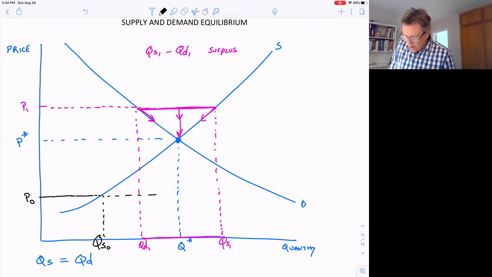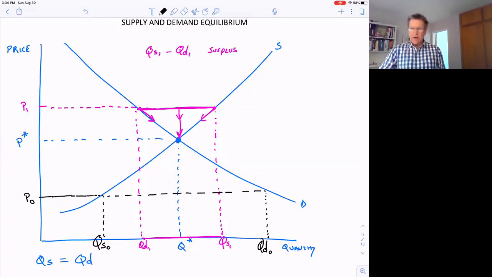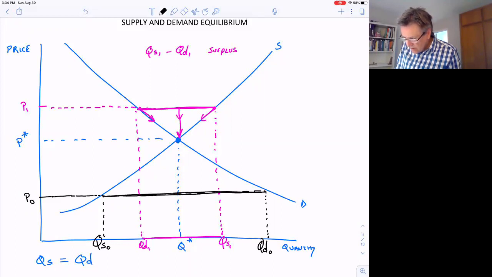We can go over here to the demand curve and see what the quantity is that people wish to buy. We'll call that QD0, quantity demanded 0. We can see that the quantity that people want to buy is much greater than the quantity that sellers want to sell. In fact, that distance is this horizontal distance in here between the demand curve and the supply curve.